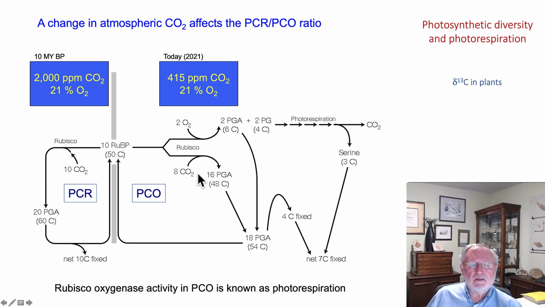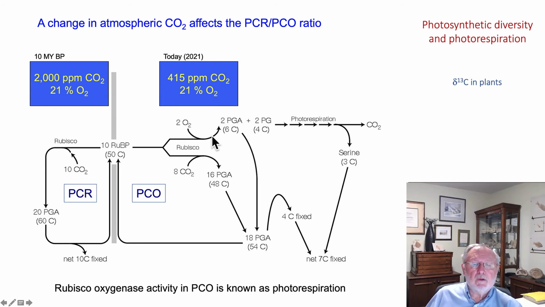And in that case, we discover that RuBP carboxylase actually has a second function. That is, it can combine with oxygen or with carbon dioxide. If it combines with oxygen, we call that PCO, photosynthetic carbon oxidation, versus photosynthetic carbon reduction.